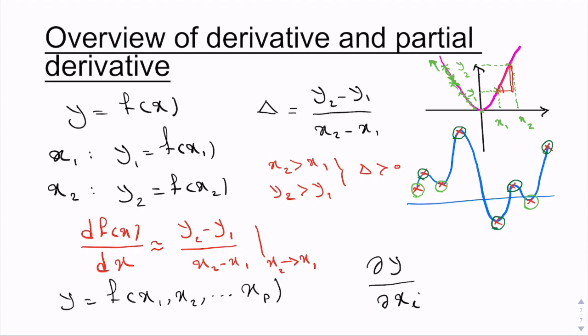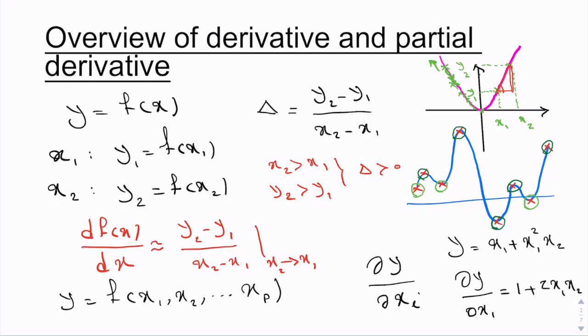A simple example: let's say y is equal to x1 plus x1 squared x2. Then the partial derivative of y with respect to x1 is equal to the derivative of the first term, which is 1, plus the derivative of x1 squared x2, which is 2 x1 x2.